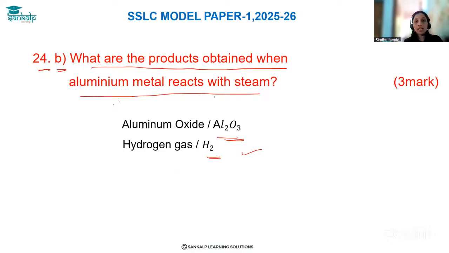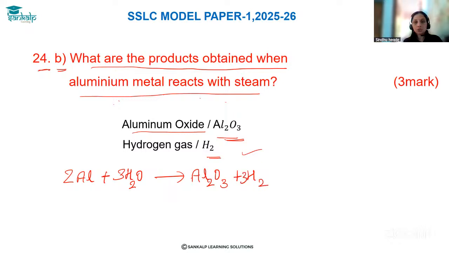Aluminium metal reacts with steam: 2Al plus 3H2O. Aluminium reacting with the steam will give Al2O3, that is aluminium oxide, plus hydrogen gas, 3H2, is released.